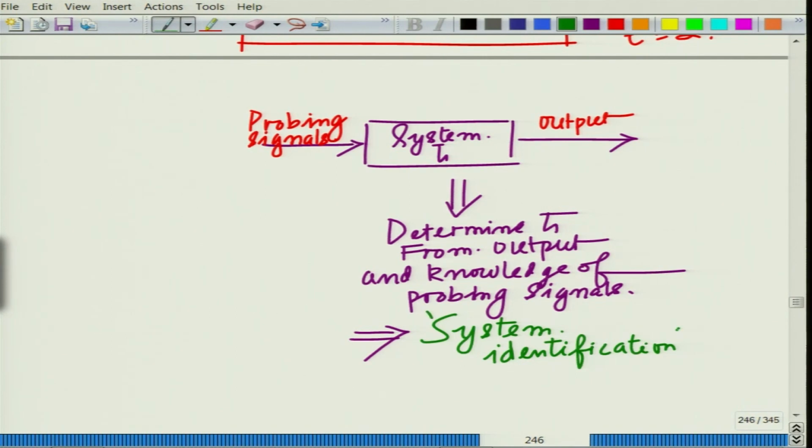system identification. So, what we have seen is basically channel estimation, which you can broadly think of as a linear system. It corresponds to a broad class of problems characterized as linear system identification. In fact, this can be very easily extended to non-linear system identification as well.